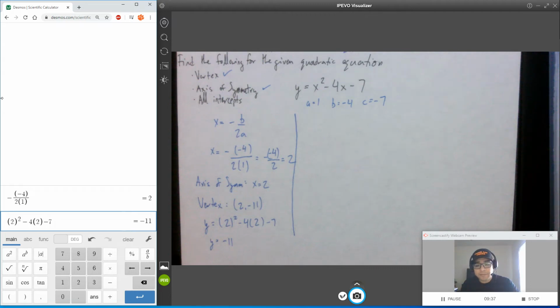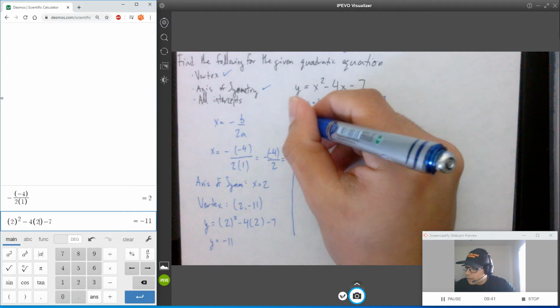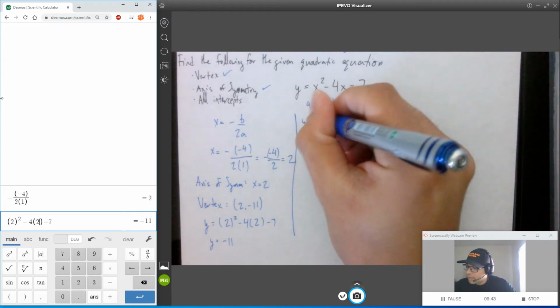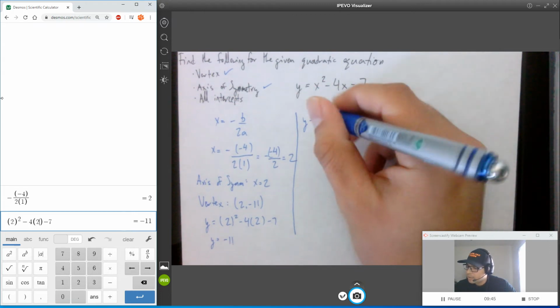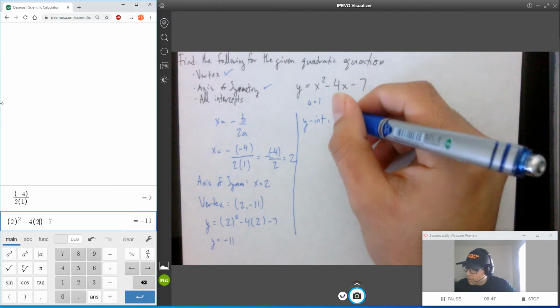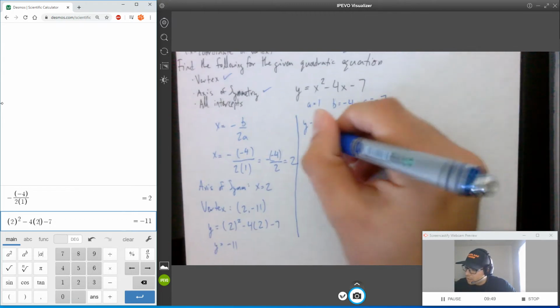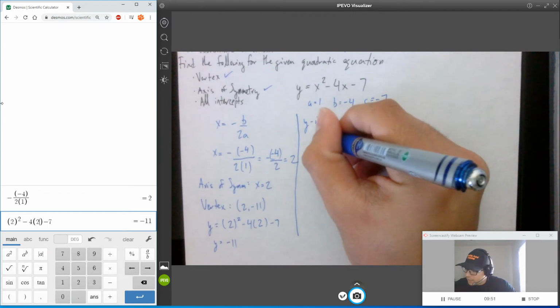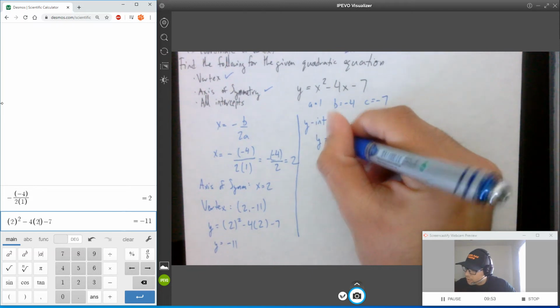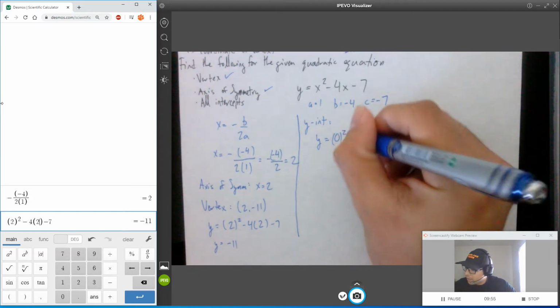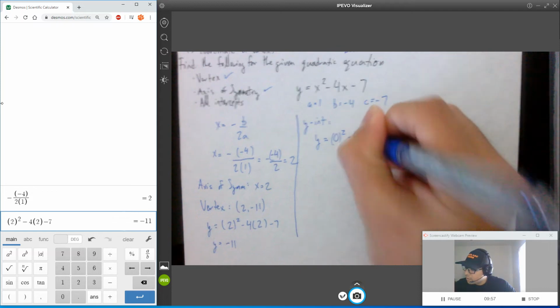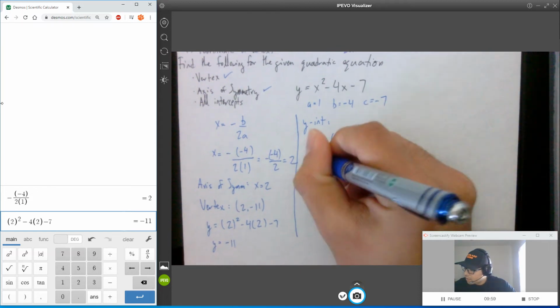Before I do that, I'm going to find the y-intercept. The y-intercept is the value of y when x equals 0. So y is equal to 0 squared minus 4 times 0 minus 7.